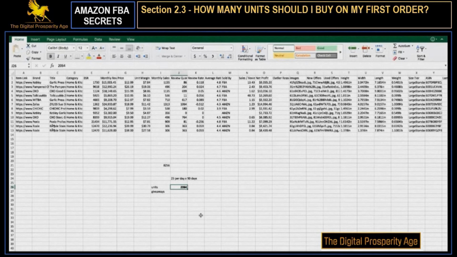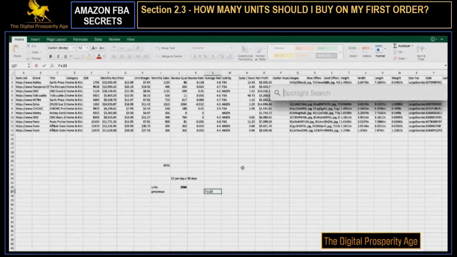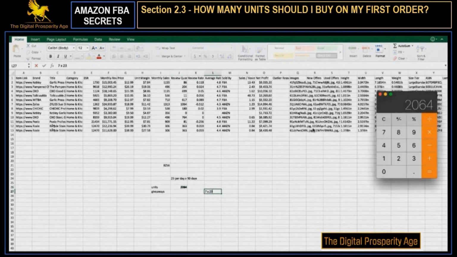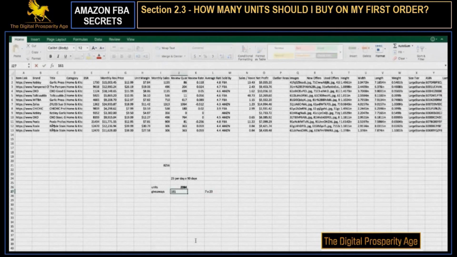And so what we have to do is do 7 days, right? Because most giveaways last between 3 and 7 days. I like to err on the side of caution here. So 7 days of giveaways times the 23 units per day is 23 times 7 is 161, right? Additionally, so we're going to type 161 here.